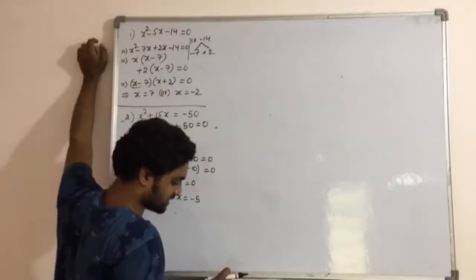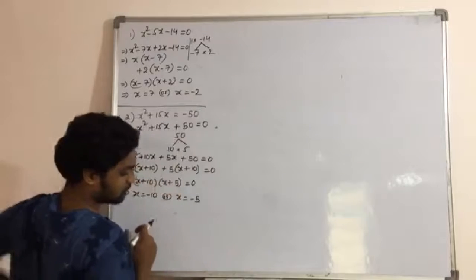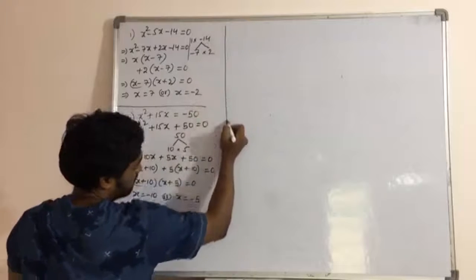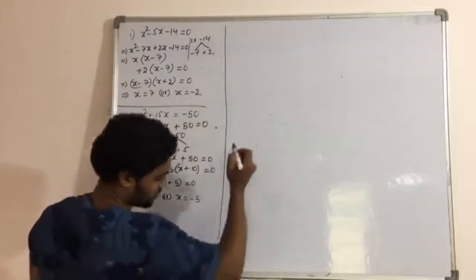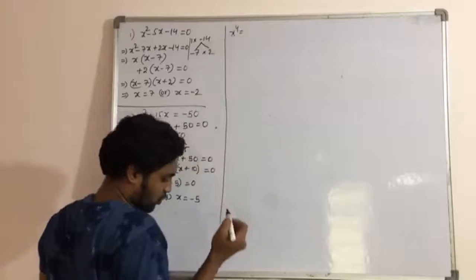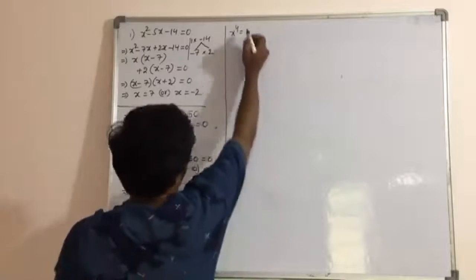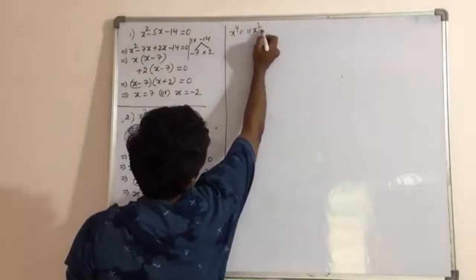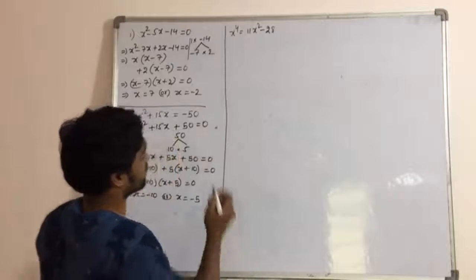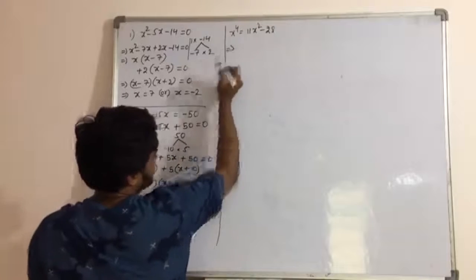Next: x power 4 is equal to 11x square minus 28. So what did I tell you?